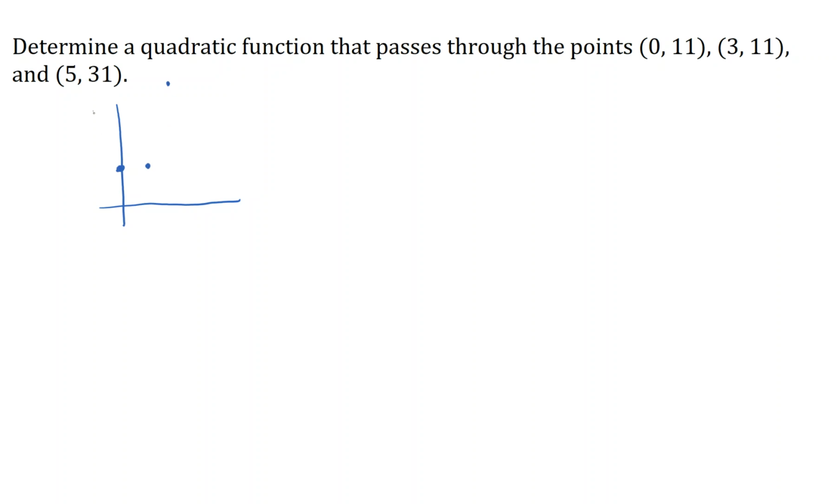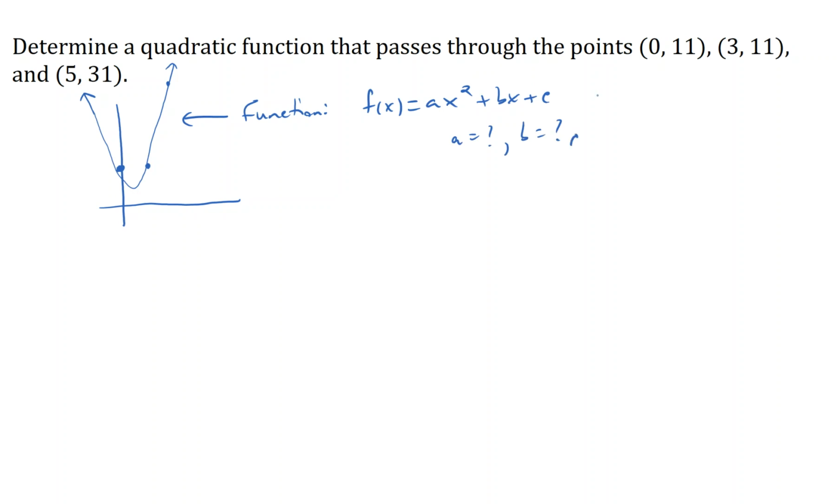So maybe we're talking about a quadratic function, a parabola that looks something like this. Okay? So what is the function for this? In other words, what are a, b, and c?